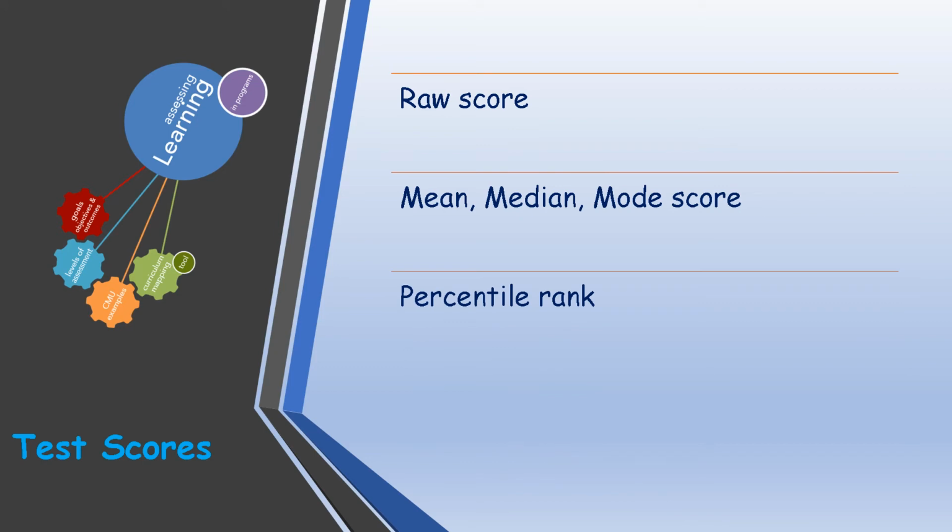Next is the percentile rank. It is a converted score that tells the position of the obtained score within a group of 100 scores. So, if a student's score is on the 93rd percentile, that student scored equal or above 93% of the norm group.